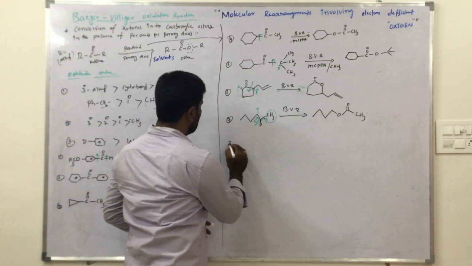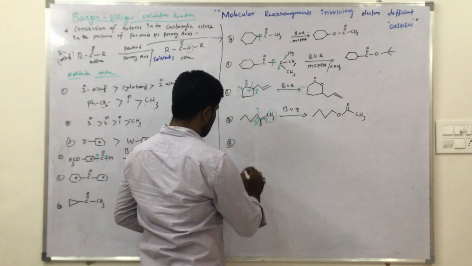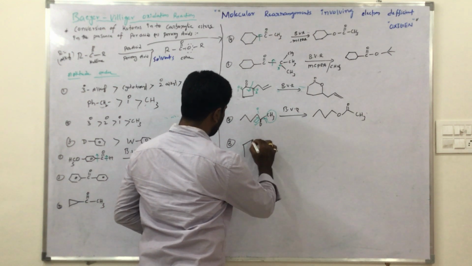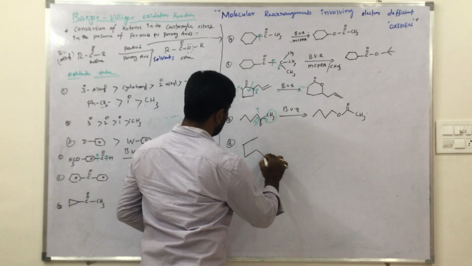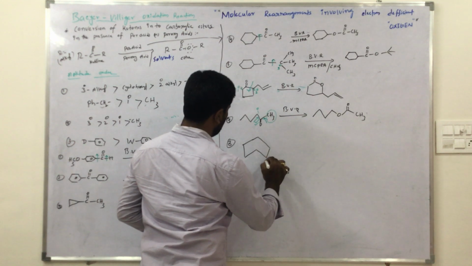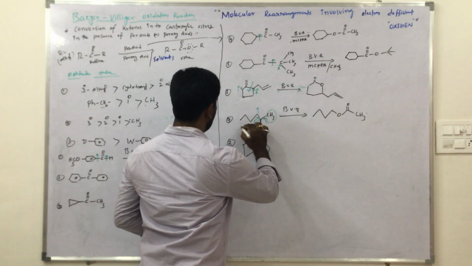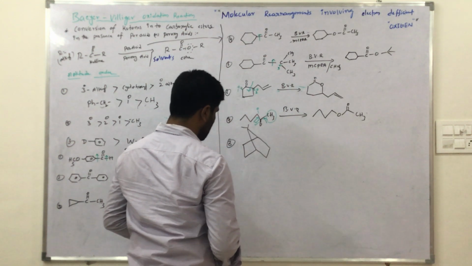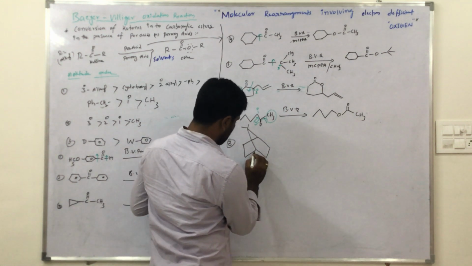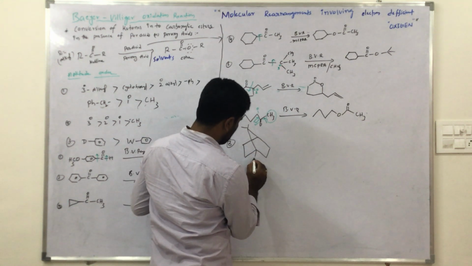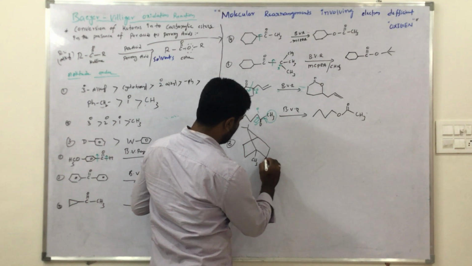This is a cyclic aliphatic compound. Now eighth one, this is a camphor compound. Okay, draw the structure carefully. These are two methyl groups and one more methyl group is here.